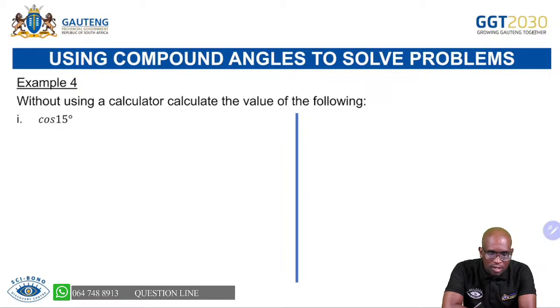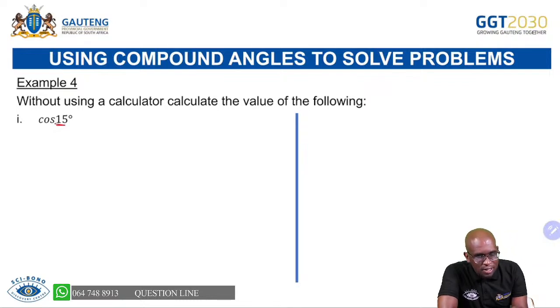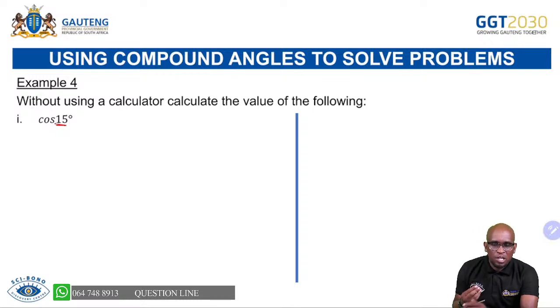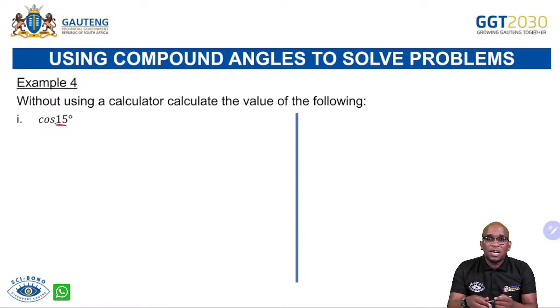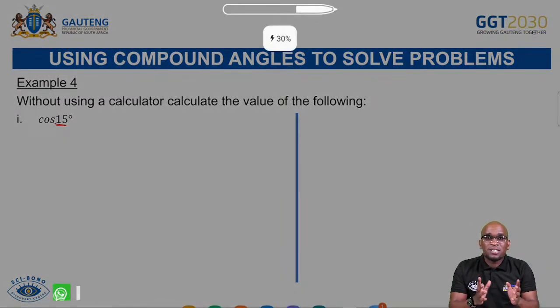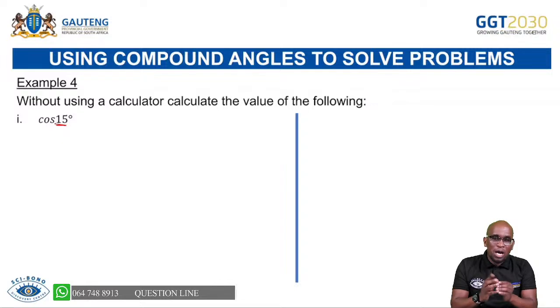Right, the next one: without using a calculator, determine the cos of 15. If you check 15 degrees, we need to first write it as compound angles. In order to do that, we check which two special angles can give us 15 when we add them or subtract them.